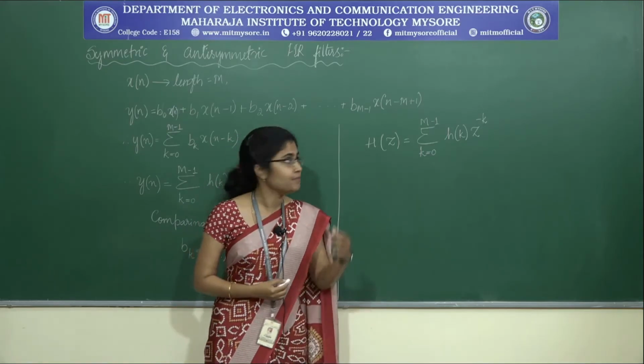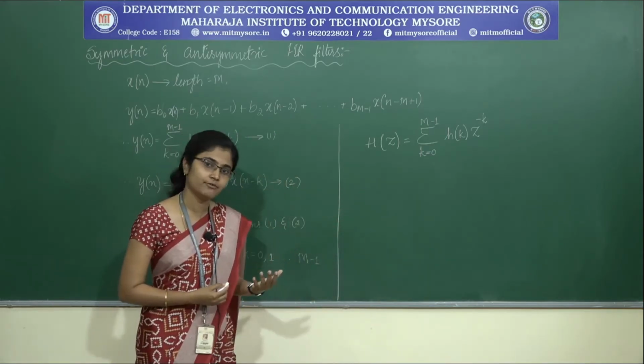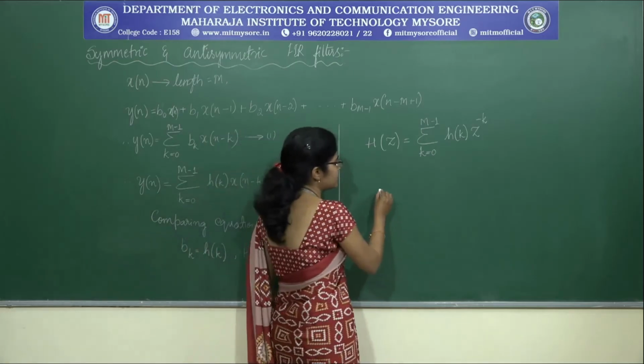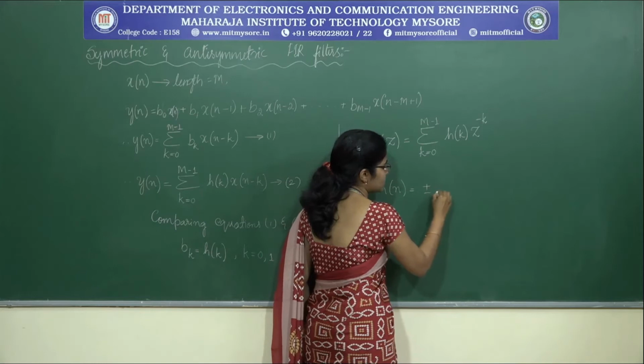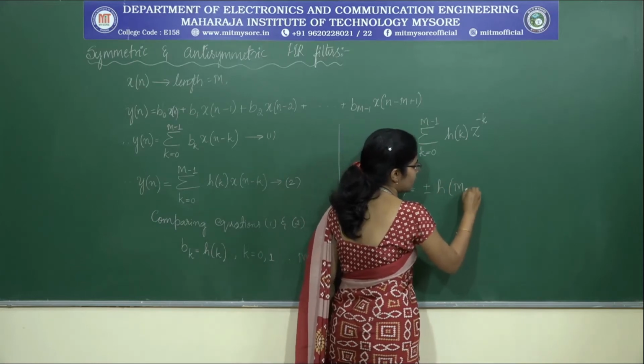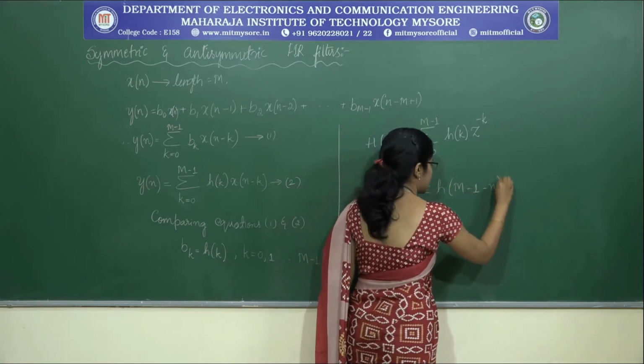We say an FIR filter will have linear phase if and only if it satisfies the condition h of n equal to plus or minus h of m minus 1 minus n.